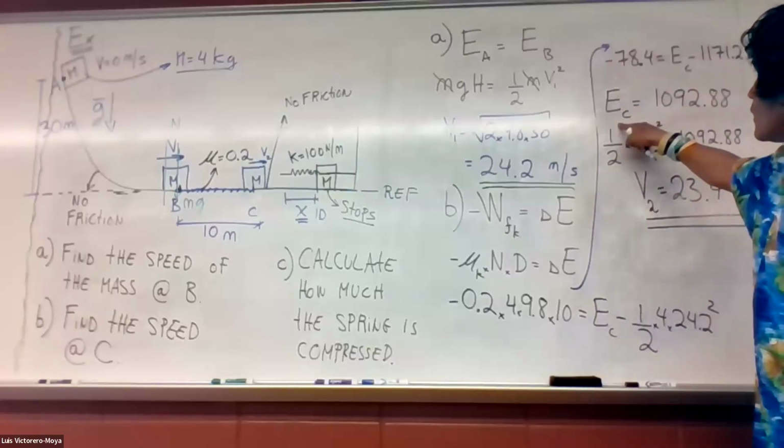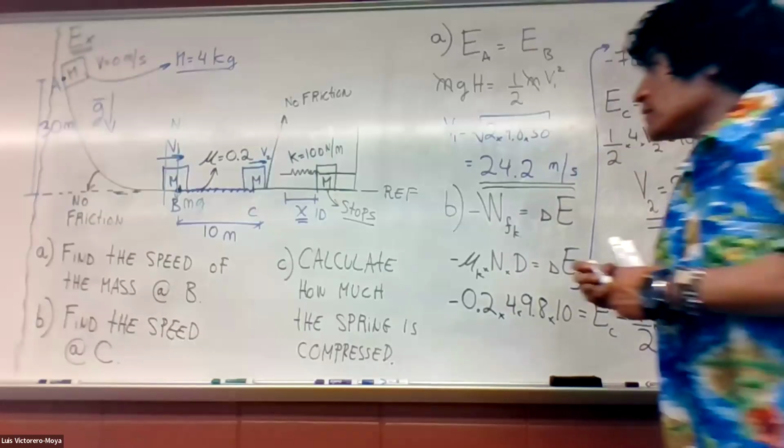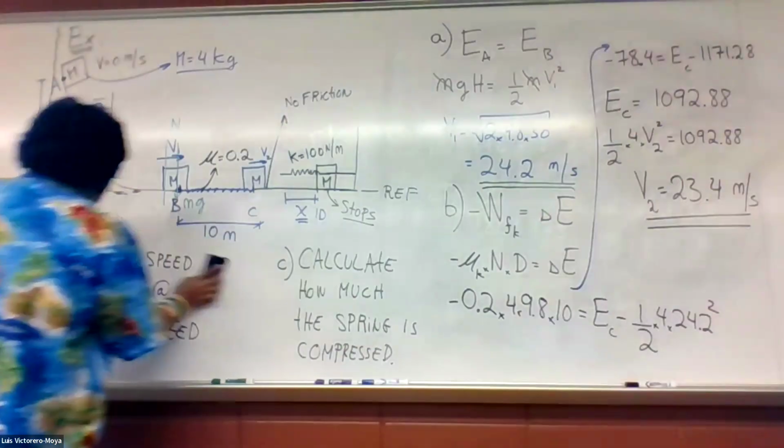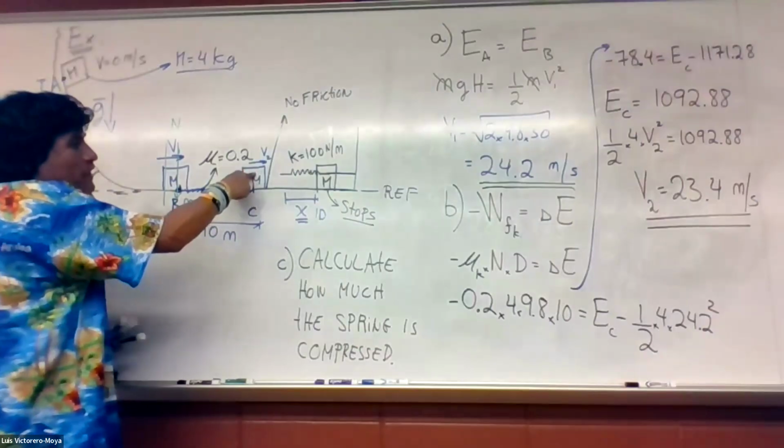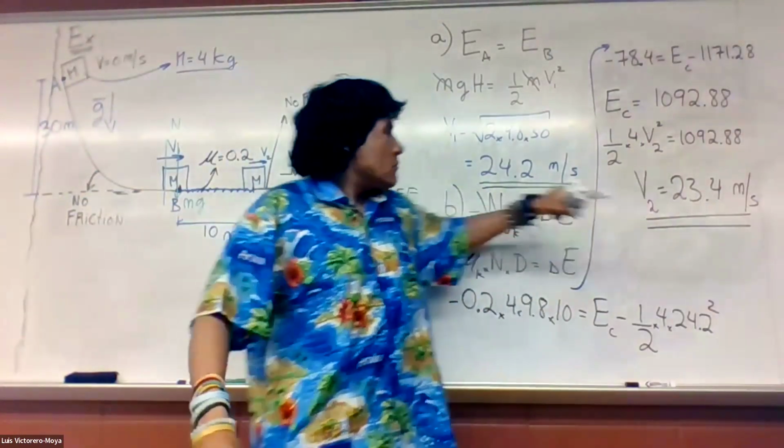That change of energy is from B to C. Energy on C minus energy on B. We are not done yet, but is that clear? So the speed here is 23.4.